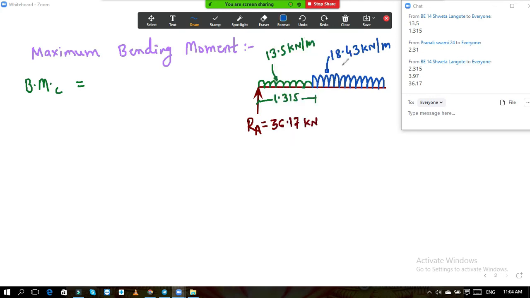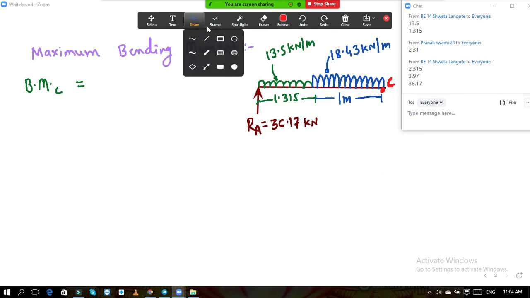Then this length must be 1 meter, because this point where we are calculating the bending moment is our point C, at the center of the 2 meter span. So now we will calculate the bending moment at point C.